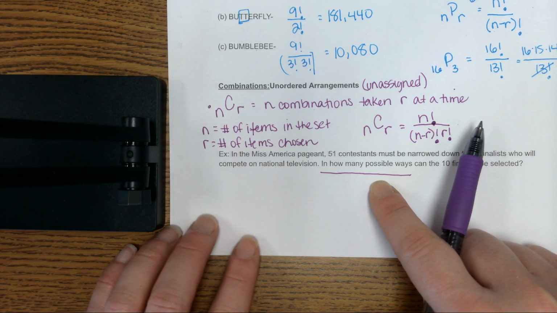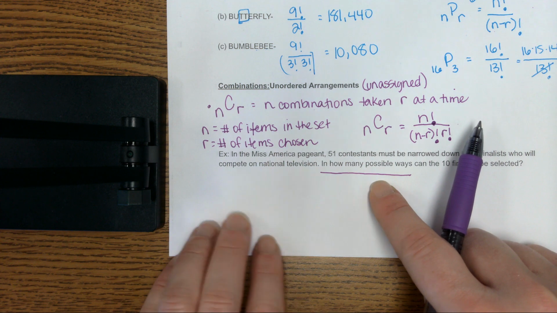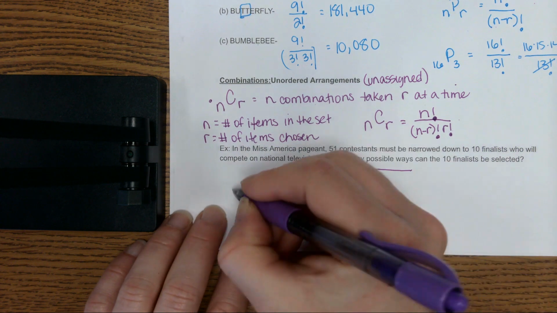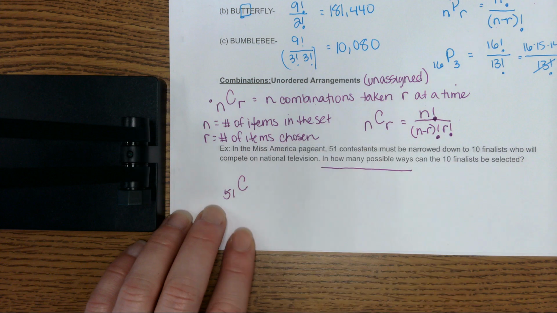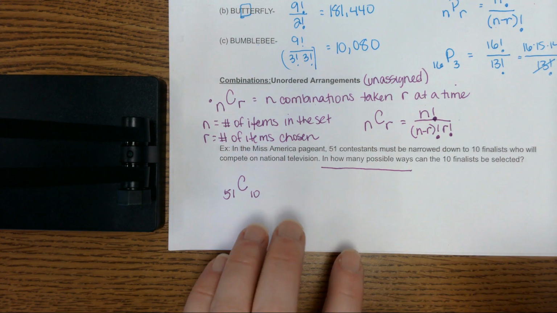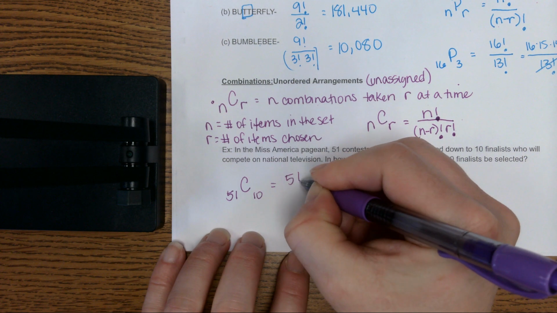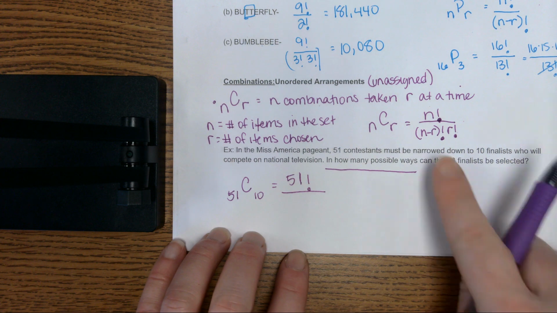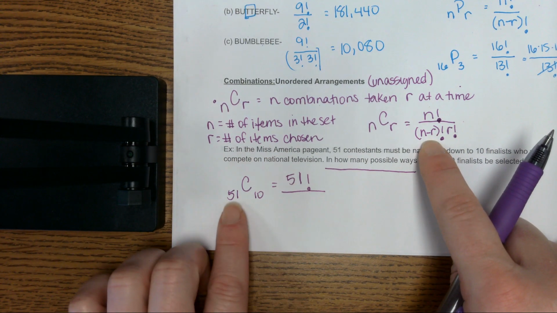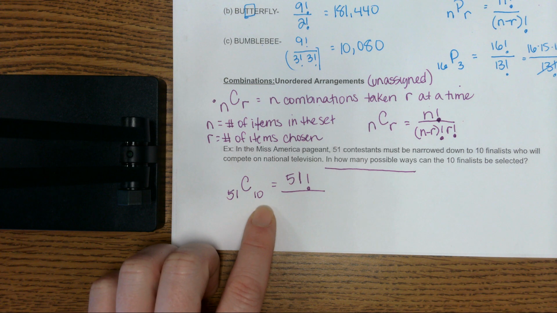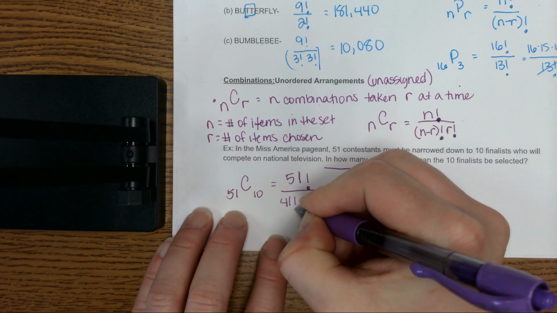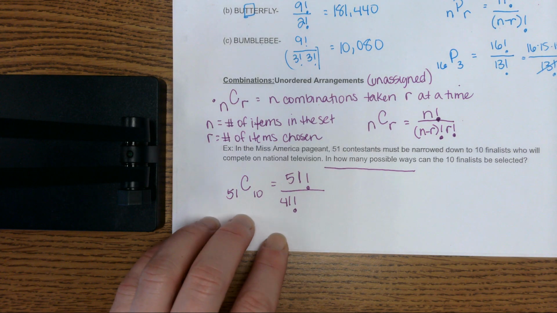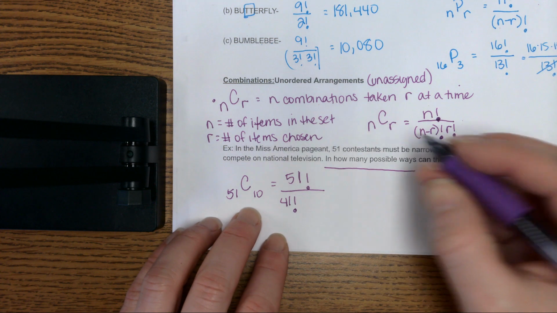I'm just asking you to count the ways, so it's still a combination. It would be 51 C 10. The long way would be 51 factorial divided by 51 minus 10, which is 41 factorial, and then I'd also have to divide by 10 factorial.